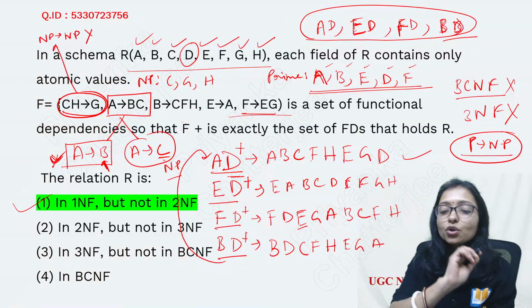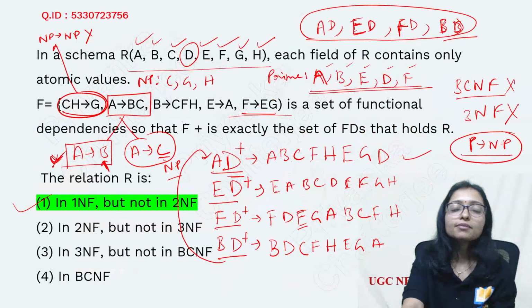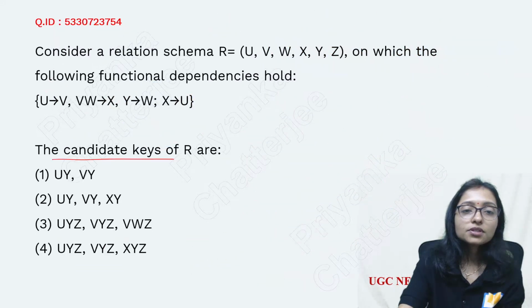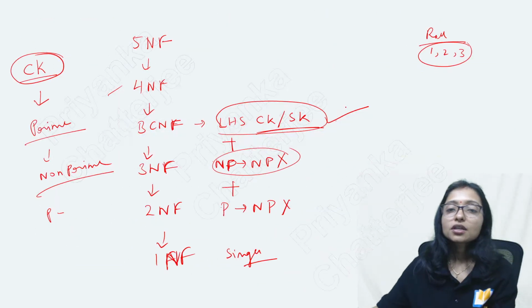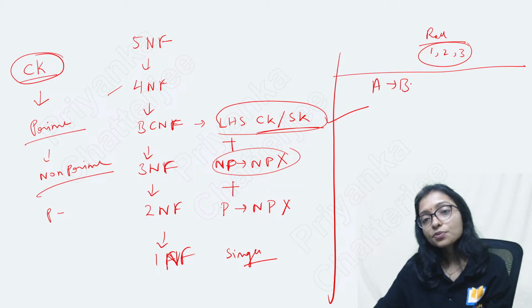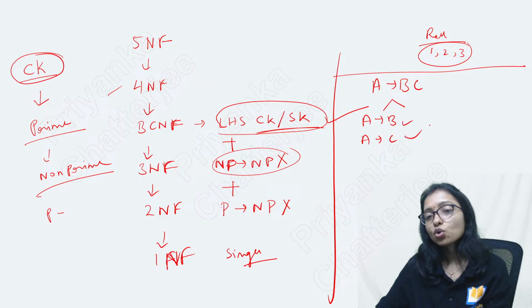Here also don't make a mistake. Here also sometimes students make mistakes. So many confusions come because concepts are not clear. A implies BC, I can write as A implies B and A implies C. This is okay.